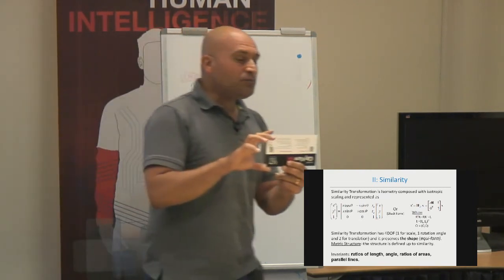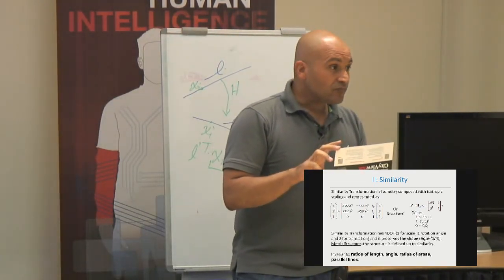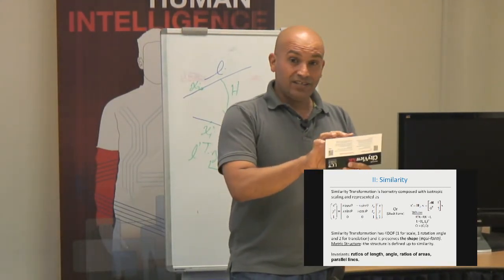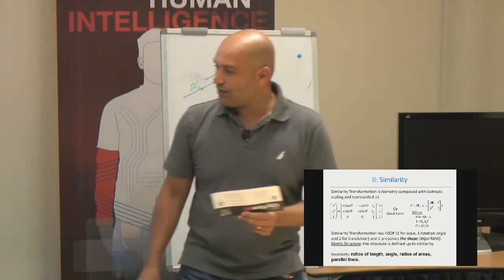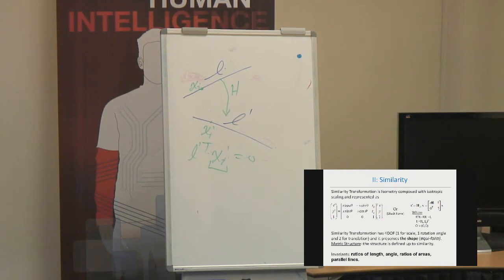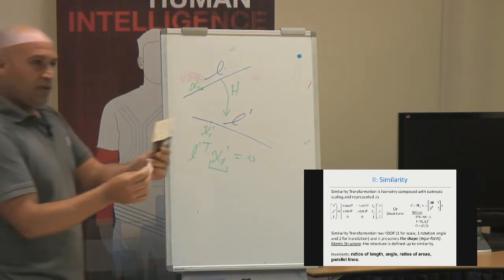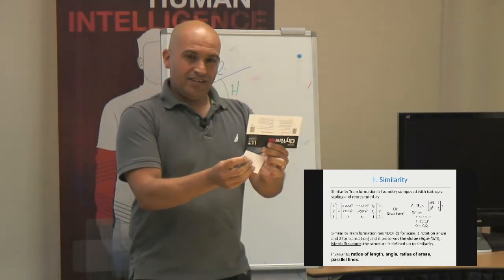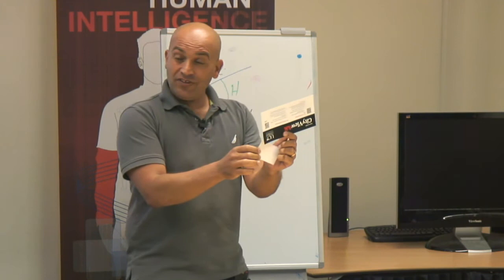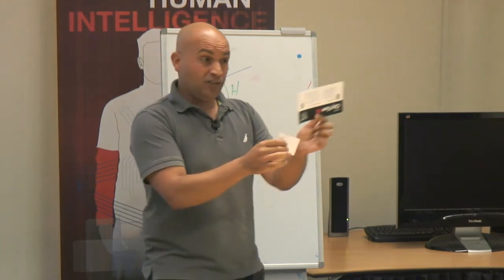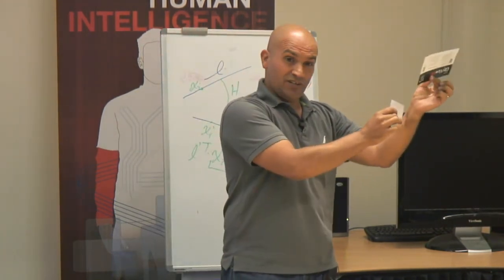And is the area preserved? No. But if we take the ratio, if we have 2 areas, this one and this one in my domain, and now the ratio between this area and this area, and after the transformation I will get a new area for this and a new area for this.